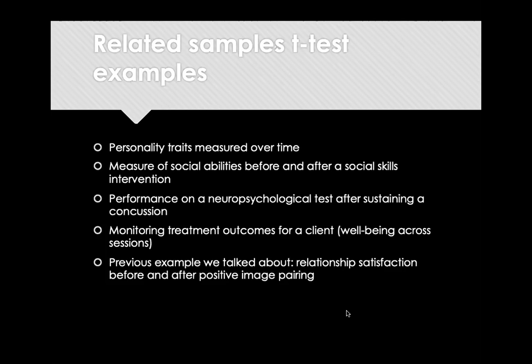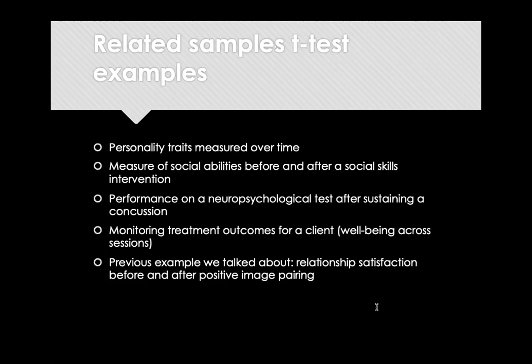Does something make people more conscientious? Or a measure of social abilities before and after a social skills intervention. So again, measuring the same variable at two different time points. Relationship satisfaction, this last example, before and after positive image pairing, right? And again, does that change?